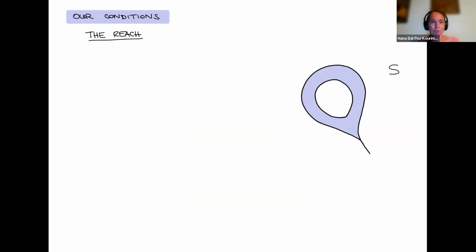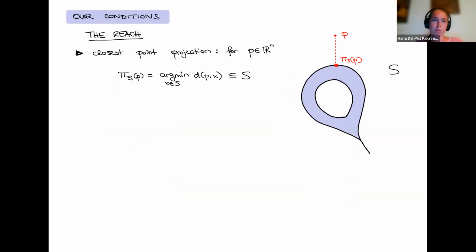Okay, now let's talk about the reach. The essential ingredient of our proof, actually of our main theorem, is the map called the closest point projection. What this map does is that if you take a point in the ambient space, it searches for the closest point on the set to this point.